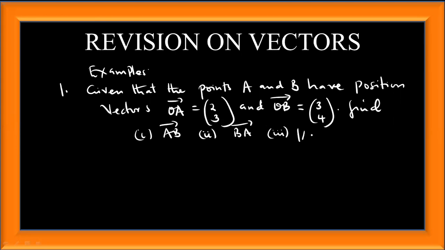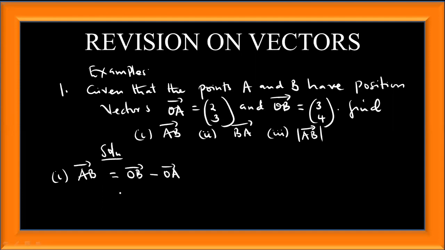From my simple explanation, for us to get vector AB, we get the position vector of the last point minus the position vector of the first point.